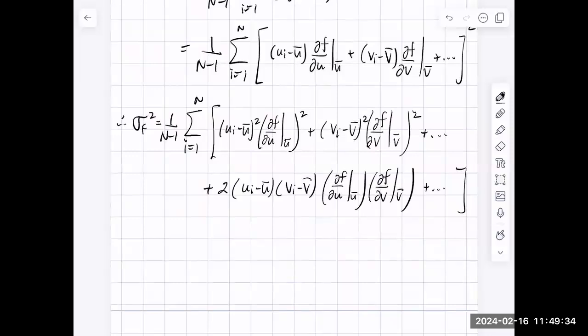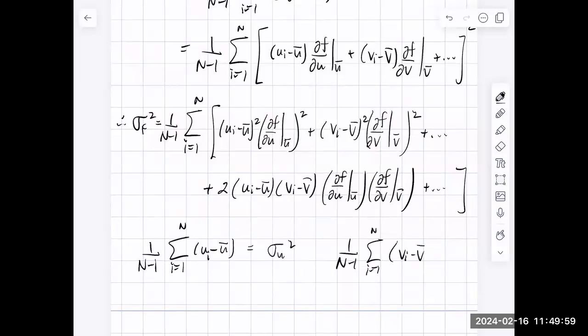So what we'll do is we'll say 1 over n minus 1, the sum of i equals 1 to n of ui minus u bar, that's going to be sigma u squared. And 1 over n minus 1, the sum of i equals 1 to n of vi minus v bar is going to be sigma v squared.